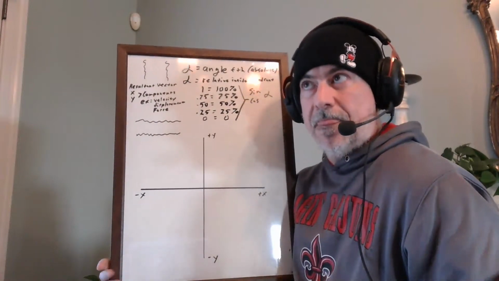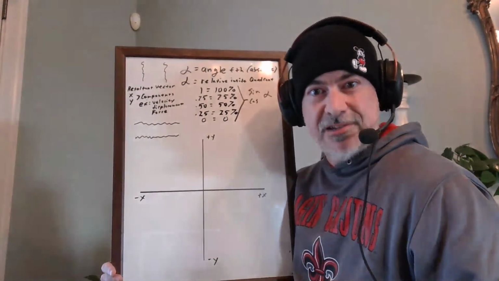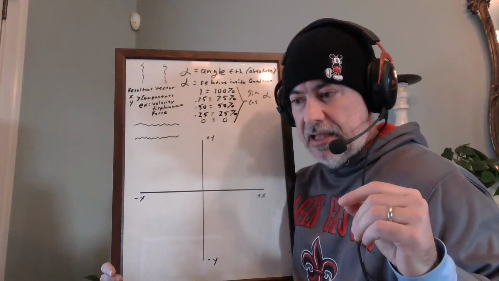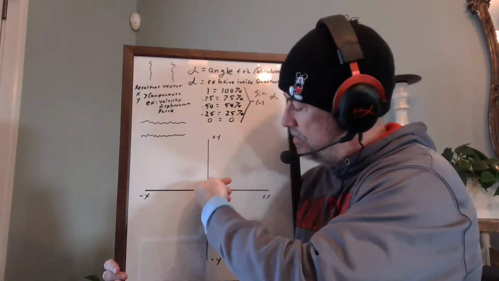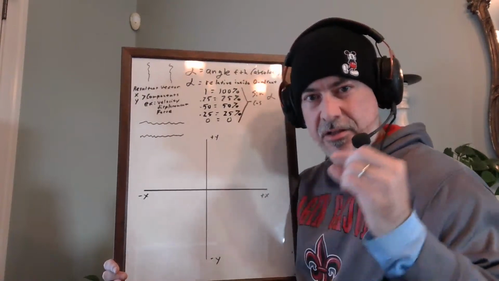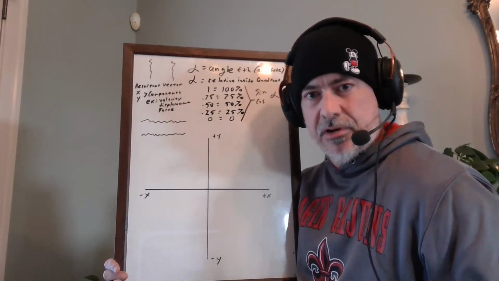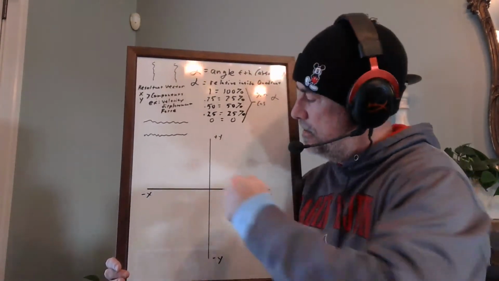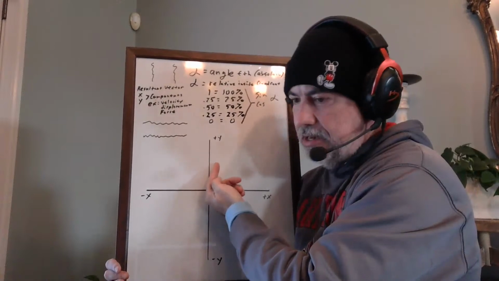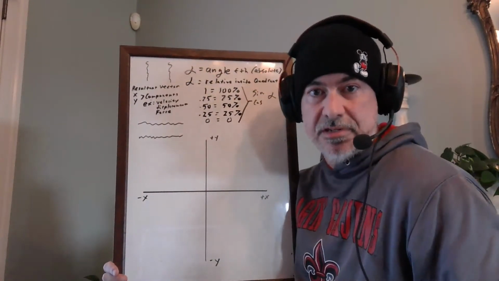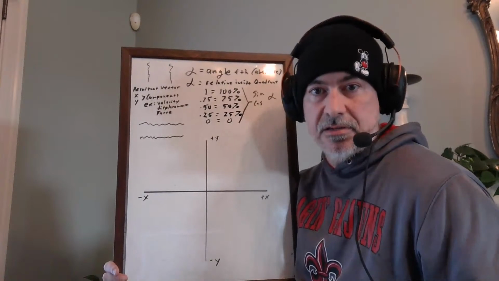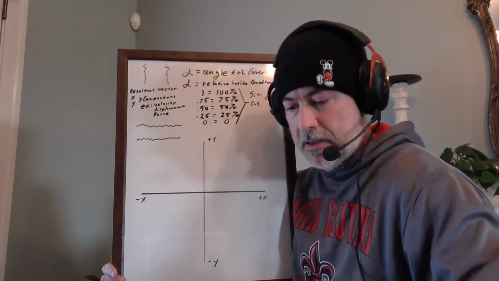Now, again, I want to show you the magic. 20 degrees from the horizon, 34% of that resultant is y component. If I drift off to 80 degrees from the horizon, that jumps all the way up to 98% of that resultant being y component.